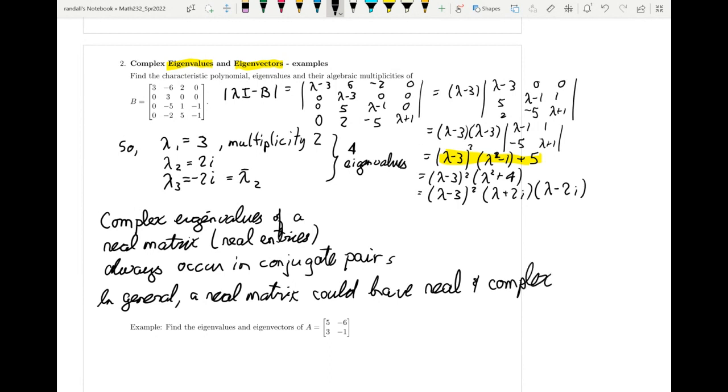You've seen many cases where there are only real eigenvalues, but there could be complex eigenvalues. When there are complex eigenvalues, they will occur in pairs, okay, and in conjugate pairs, in fact. So you can't have, for example, an odd number of complex eigenvalues for a real matrix. You cannot have that. It has to be an even number because they appear in pairs.